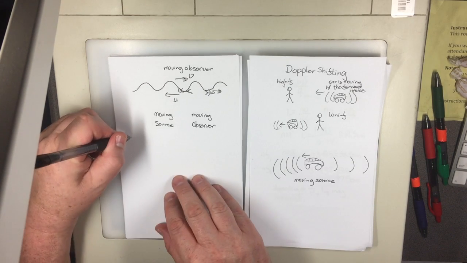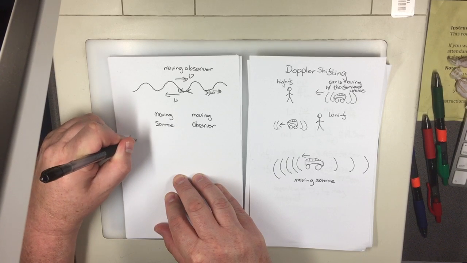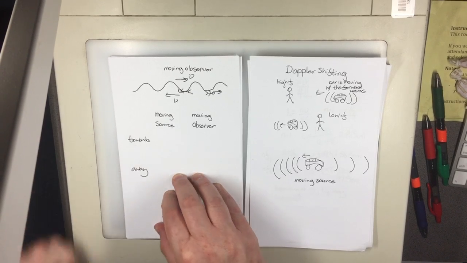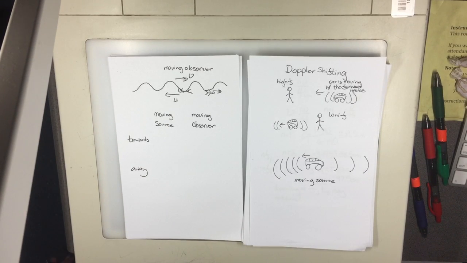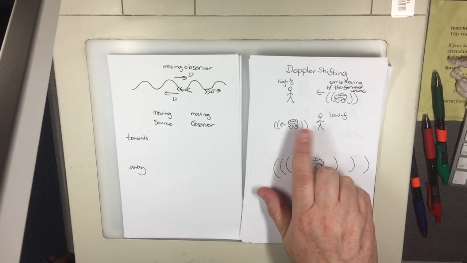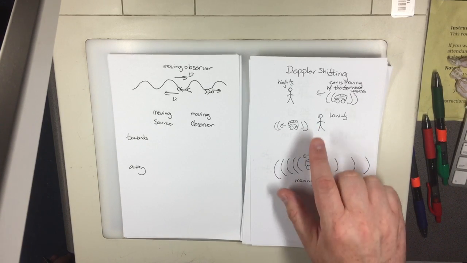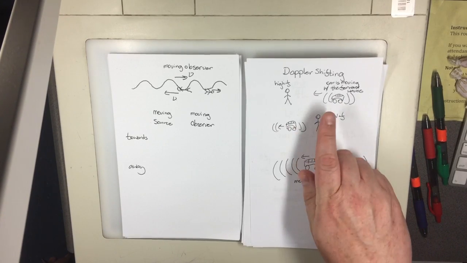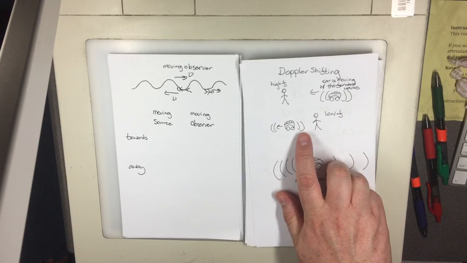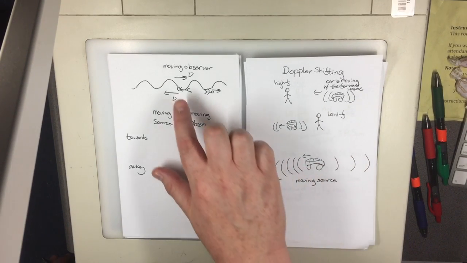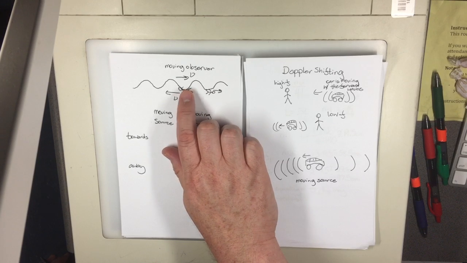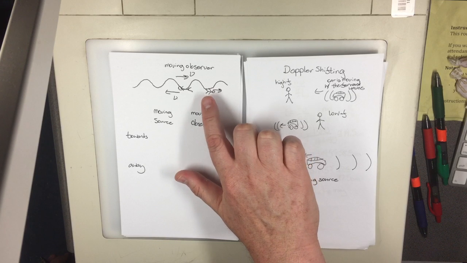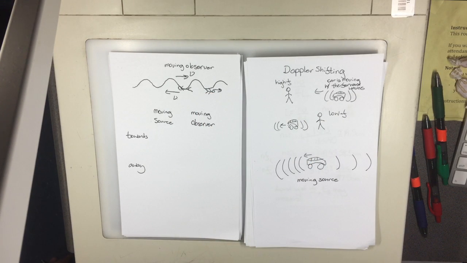Now, there is the case of towards and away. Here, the car is moving away from the observer. Here it's moving towards, there it's moving away. So if the distance is getting less, it's towards. If the distance is increasing, it's going away. Here, the observer is moving towards the waves. Here, the observer is moving away from the waves.